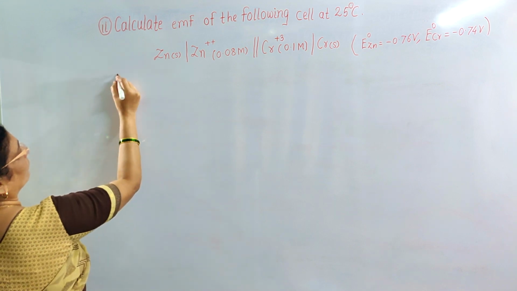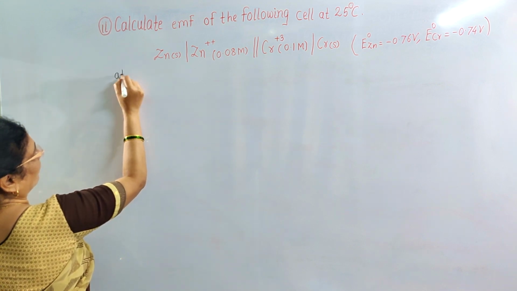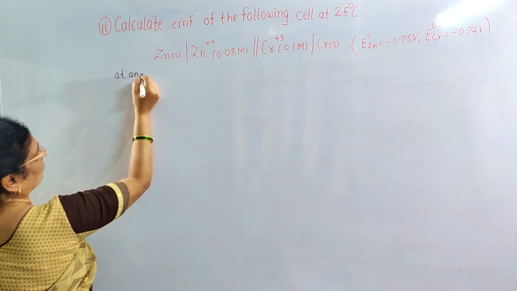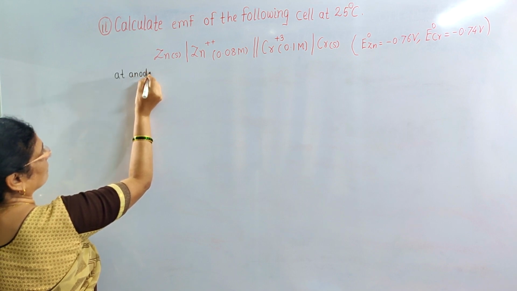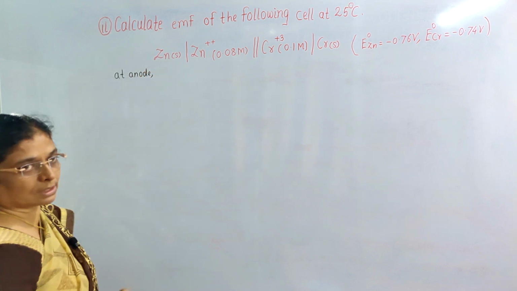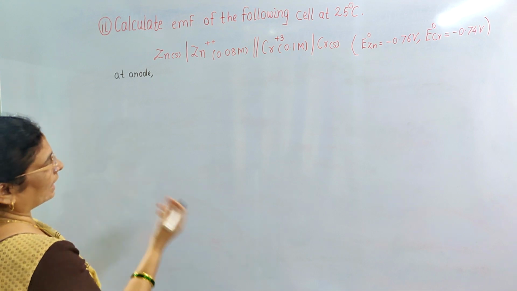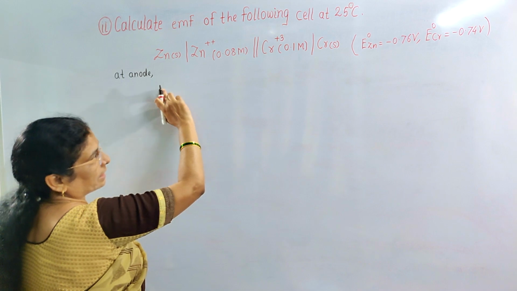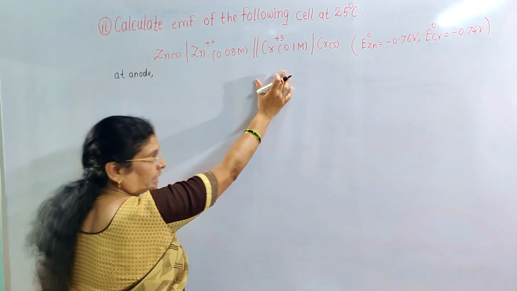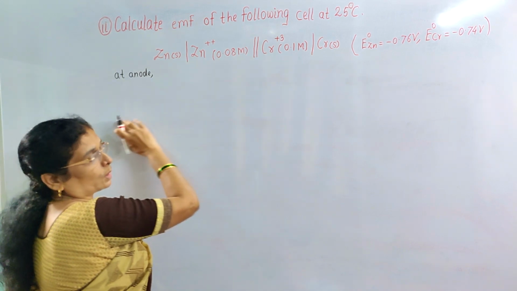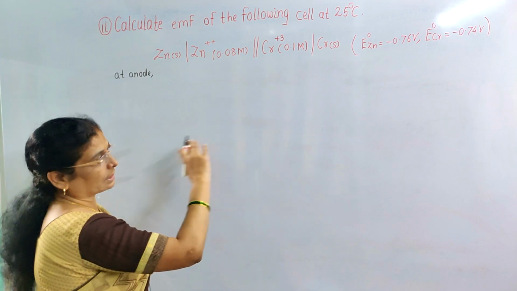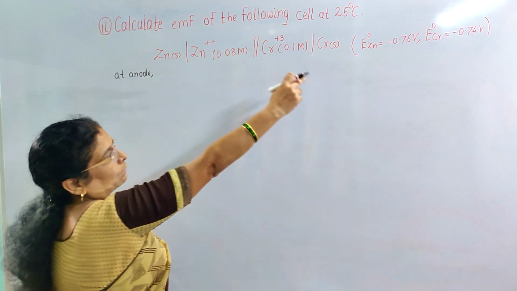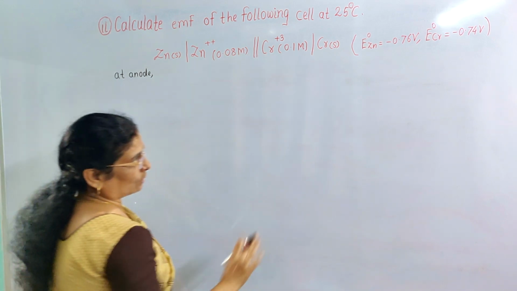Remember, for solving these problems we have to follow all these steps. First we determine which reaction takes place at the anode, that is the oxidation reaction, and which reaction takes place at the cathode, that is the reduction reaction. You have to balance the number of electrons and write down the net cell reaction. Then in this problem you have to calculate E0 cell.